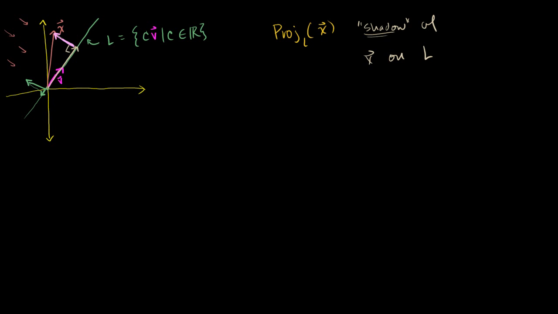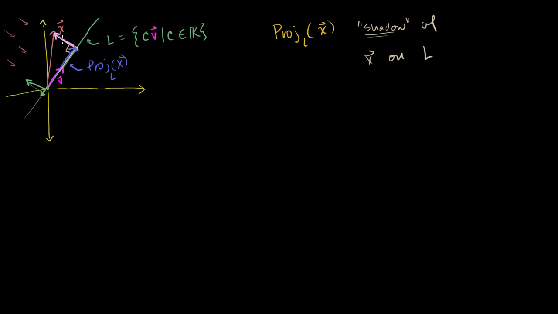Let me say that this vector, we know we want to somehow get to this blue vector. Let me keep it in blue. That blue vector is the projection of x onto L. That's what we want to get to. Now, one thing we can look at is this pink vector right there. What is that pink vector?